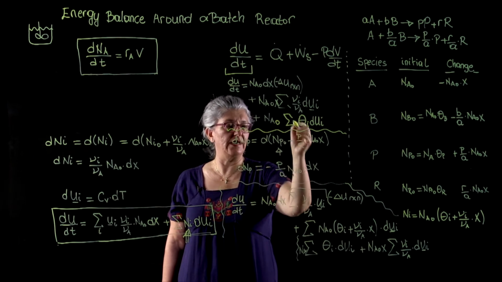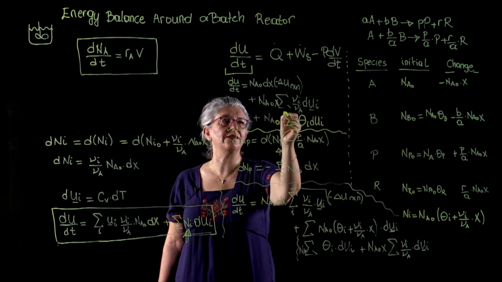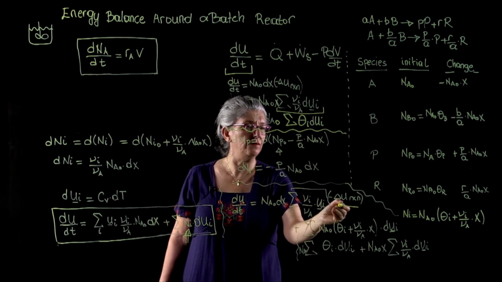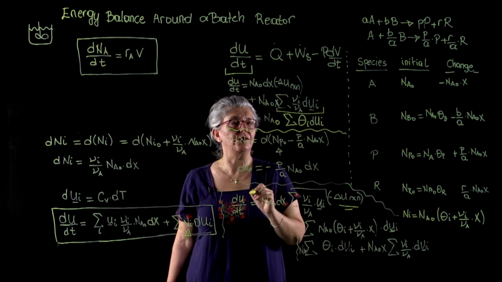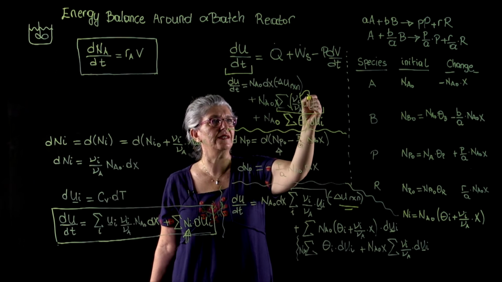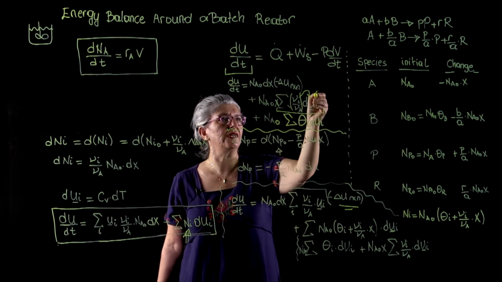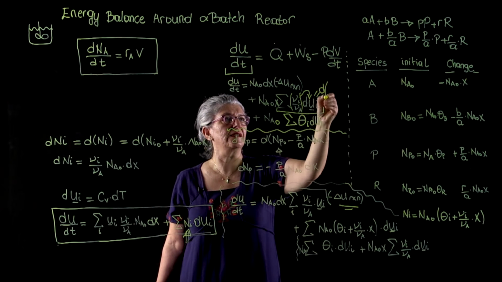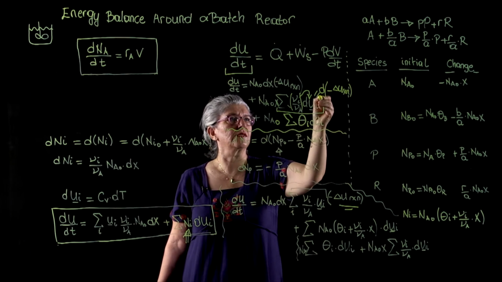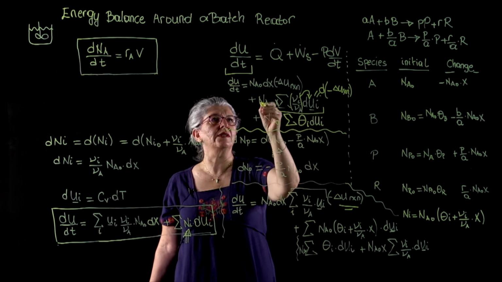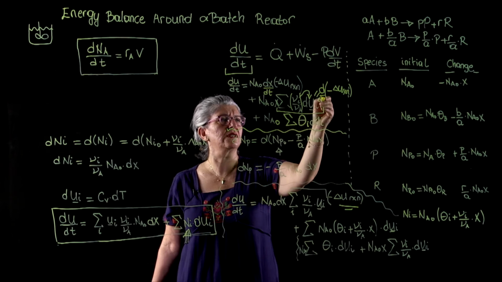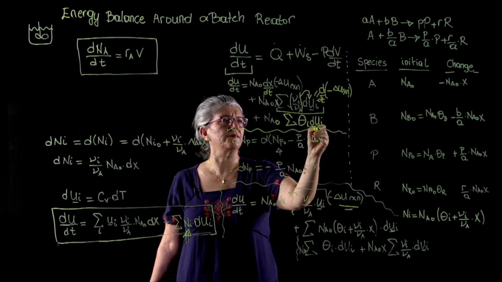This term has a striking similarity to this term. So if I just take these inside the derivative sign, I obtain d minus delta U reaction. All right, dx over dt, we have to be precise, d over dt, dui over dt.